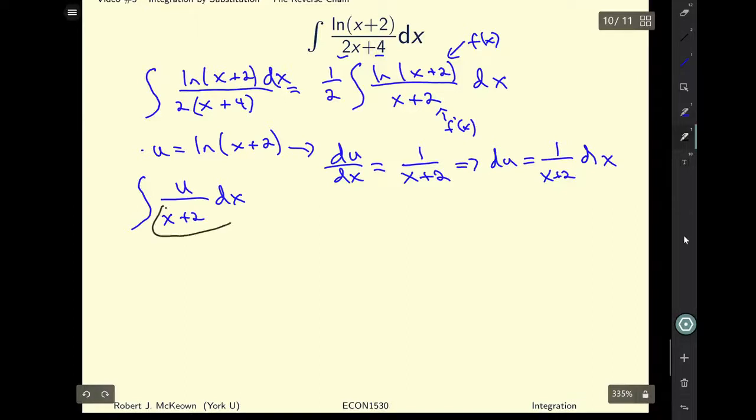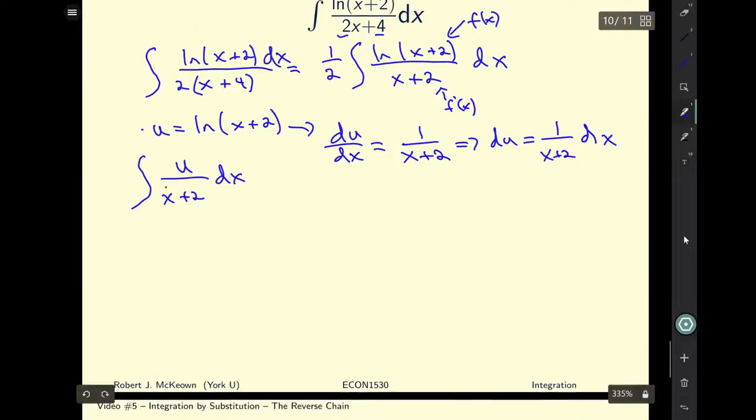And that looks a lot like that part of the integral that we're working with, right? And so I'm going to make my substitution. I'm going to replace this with du. And so I get the integral of u du.